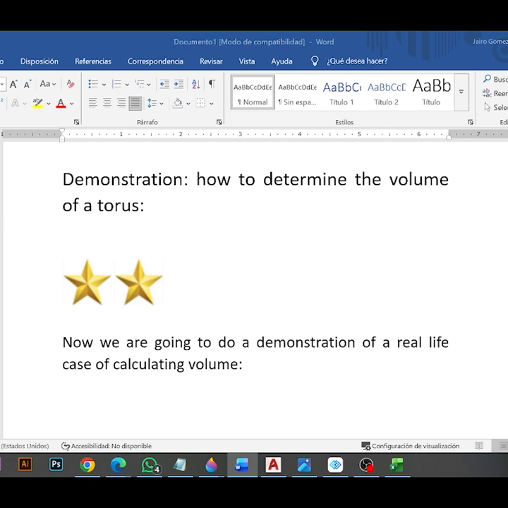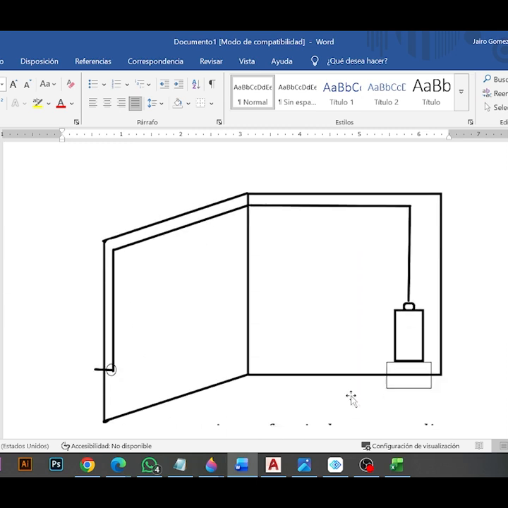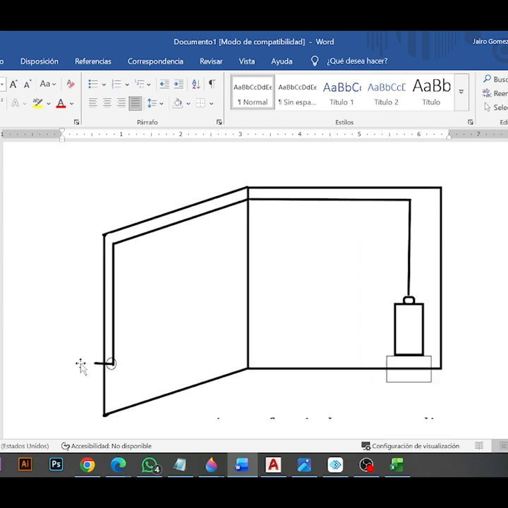We're going to take a pipe installation with a water tank and calculate the volume. So it's basically going to be this pipe that goes through the wall, goes up to the ceiling, goes around and connects to a water tank. So that's going to be the next demonstration.